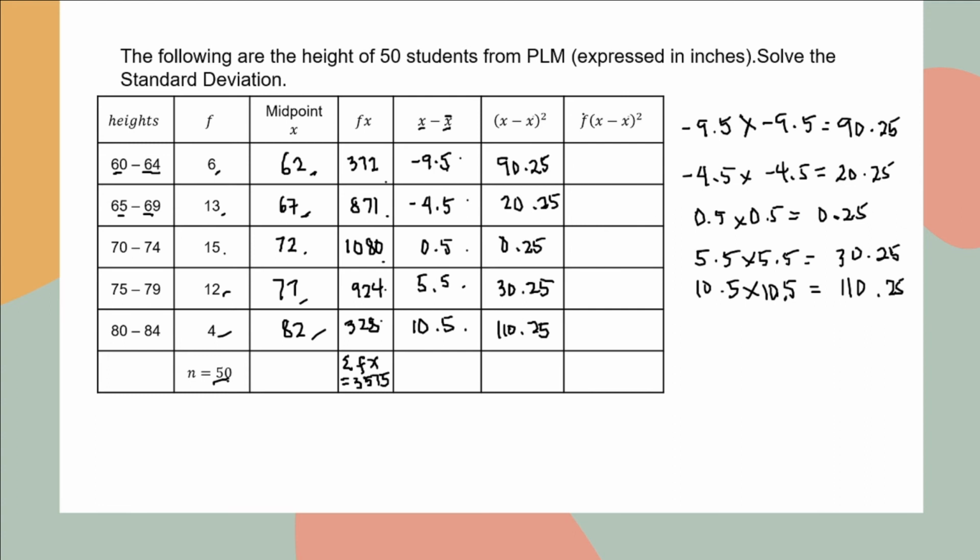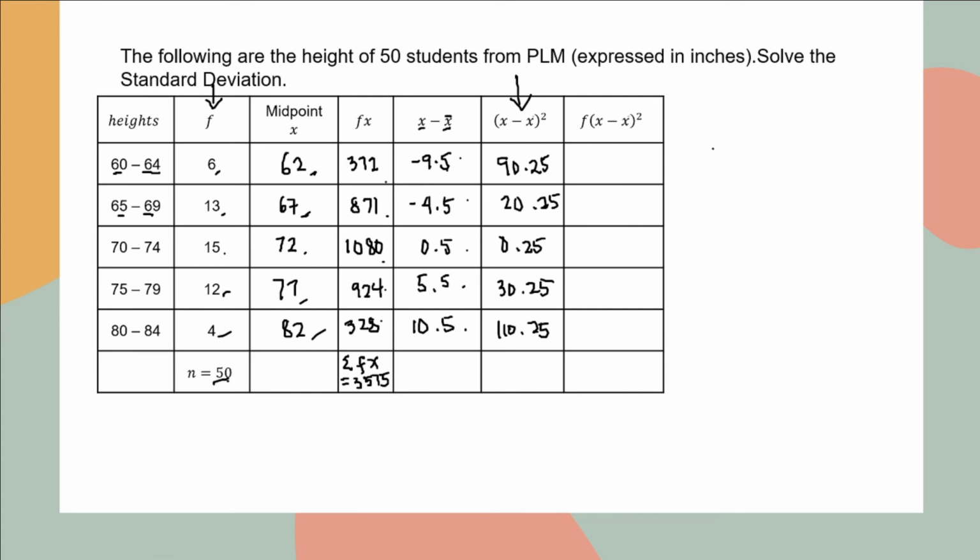Let's proceed to the frequency multiplied by square deviation. So that means yung mga values dito sa frequency, multiply natin sa mga values dito sa square deviation. Okay, so we have 6 multiplied by 90.25.